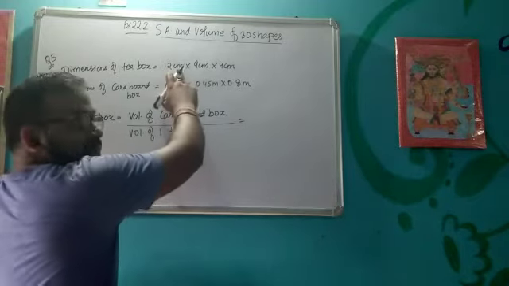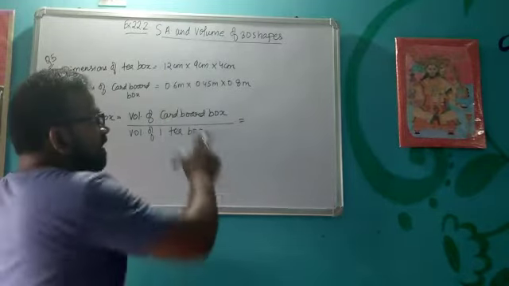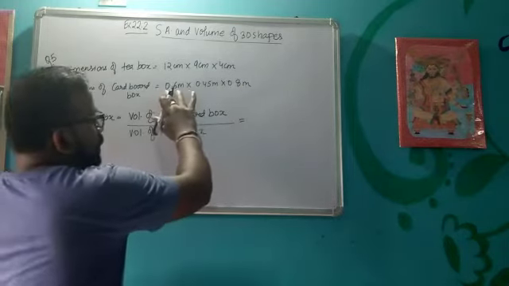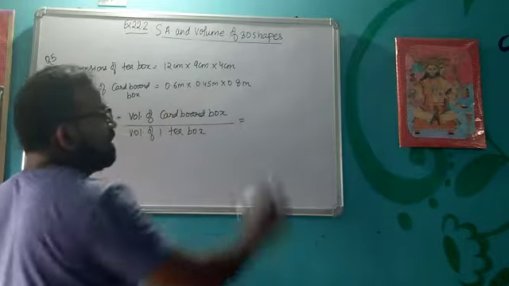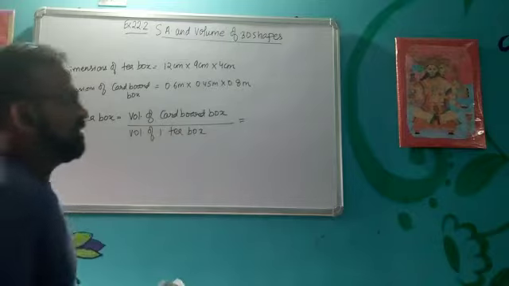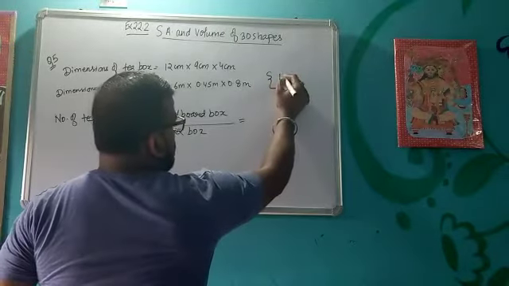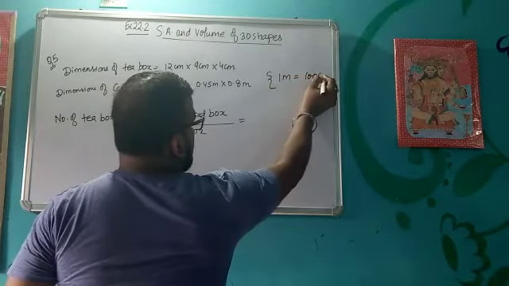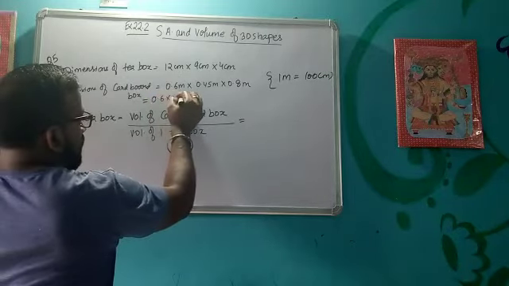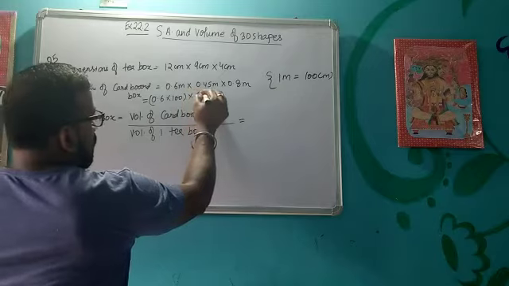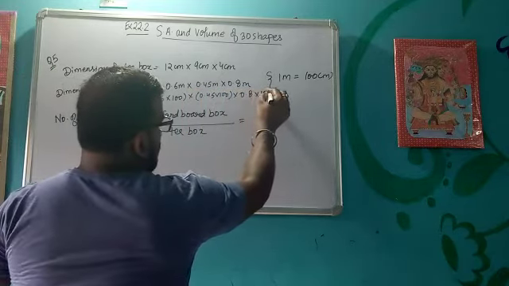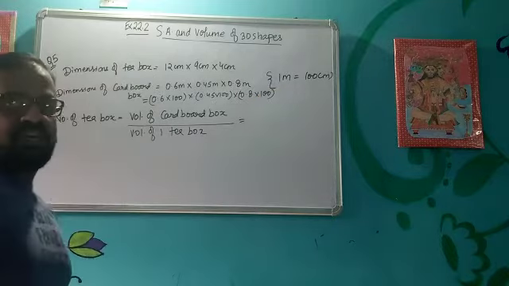So before going further, see, these dimensions are in centimeter and these dimensions are in meter. So I am going to convert the meter into the centimeter, because it is easy to convert the big dimensions into the smaller dimensions. So we know that 1 meter equals 100 centimeter. So it becomes 0.60 into 100, then 0.45 into 100, then 0.8 into 100. Okay, each and every dimension I have multiplied.